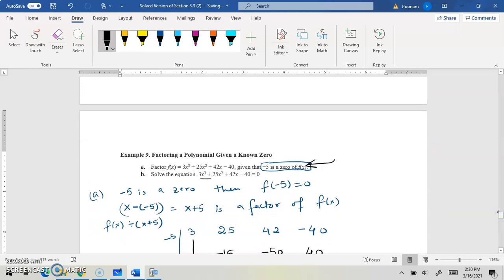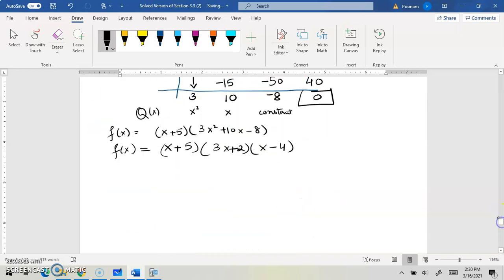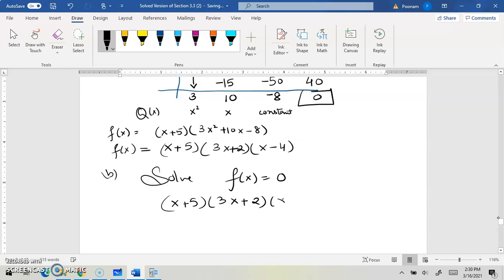It's the same. Look at this. This is the same as the function. That means we have to solve f of x is equal to 0. What is f of x? x plus 5 times 3x plus 2 times x minus 4 equal to 0.